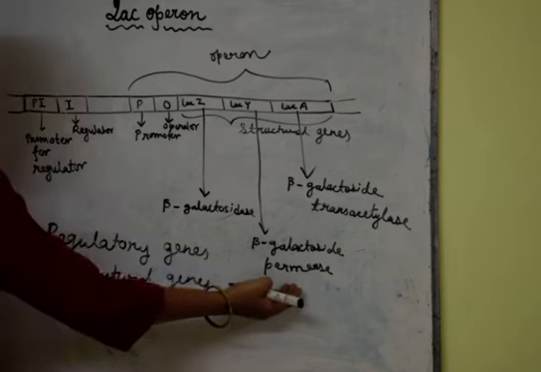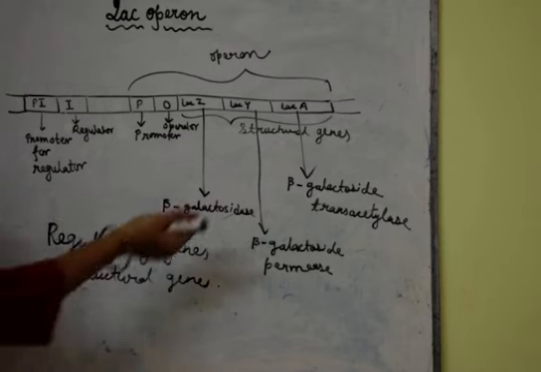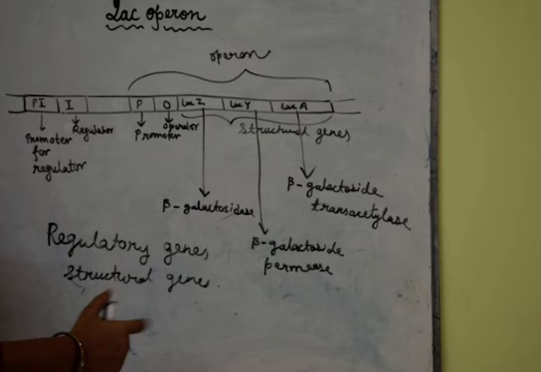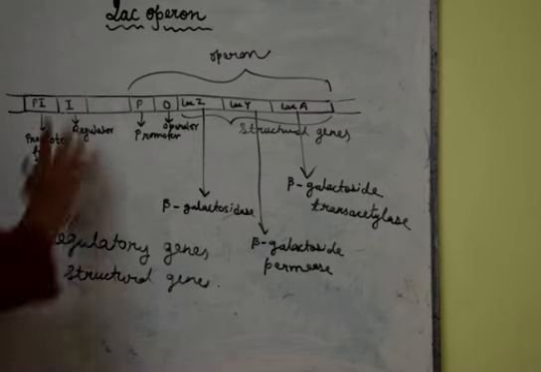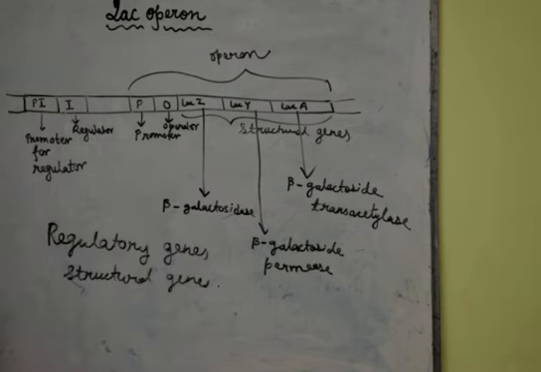It increases cell permeability so the lactose can enter the cell. LAC-A encodes beta galactoside transacetylase, which rids the cell of toxic thiogalactosides that also get transported in by LAC-Y. So now this is the basic structure and the functions of the different structural genes, for which lactose is inserted into the cell and broken down into galactose and glucose.